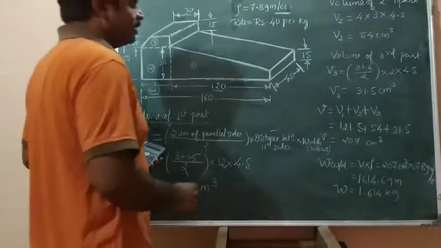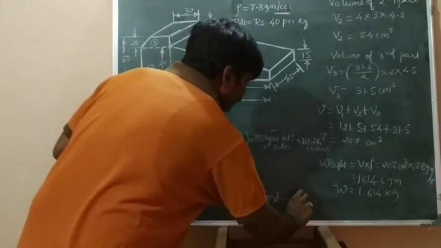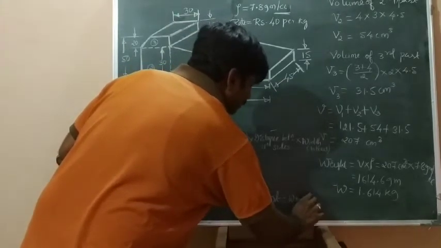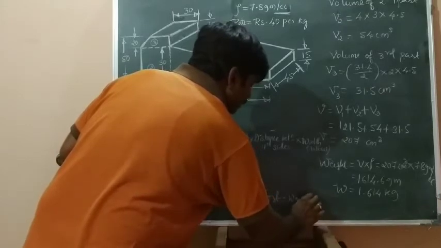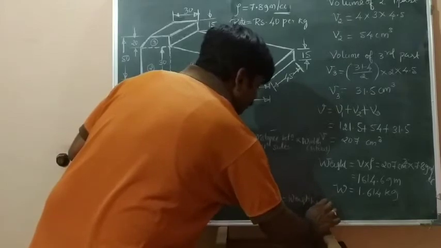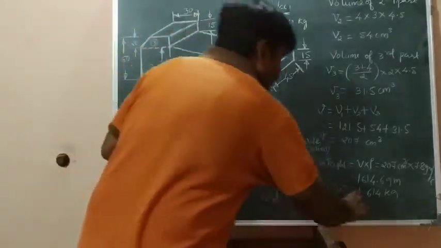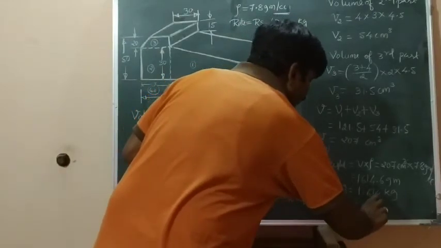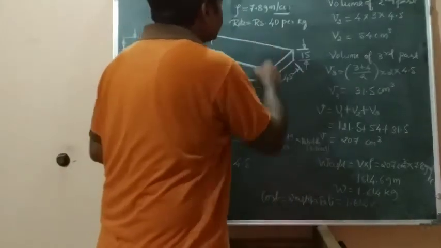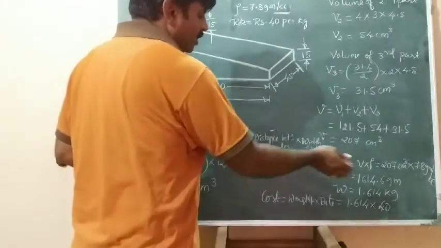Now how to find the cost? Cost is equal to weight into rate. What is the weight here? 1.614 into the rate, which is given as rupees 40 per kg.